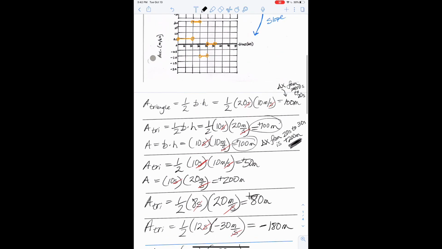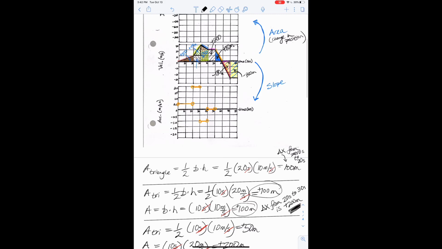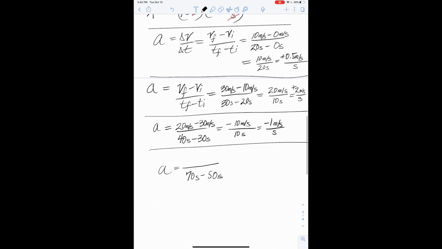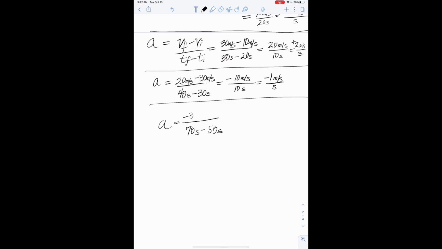And at 70 seconds, we are at -30, and at 50, we're at +20. Okay, so that's going to give us a -50 on top. And on bottom, +20 seconds. This is going to give us -5/2, which is -2.5.